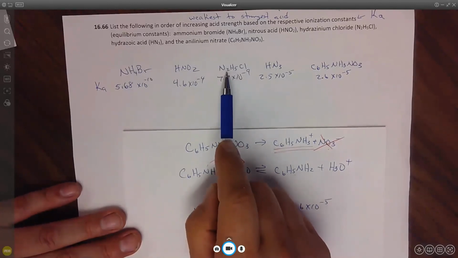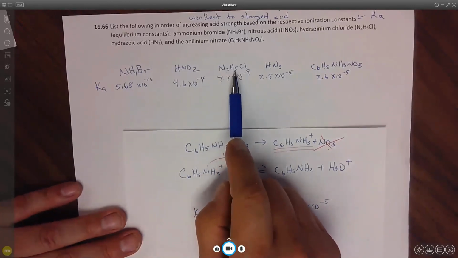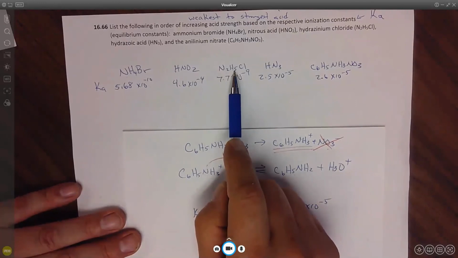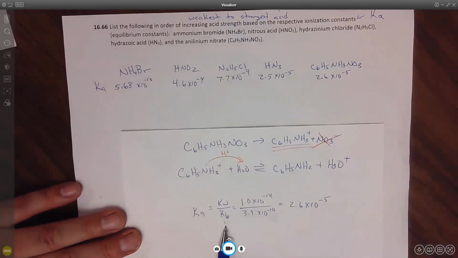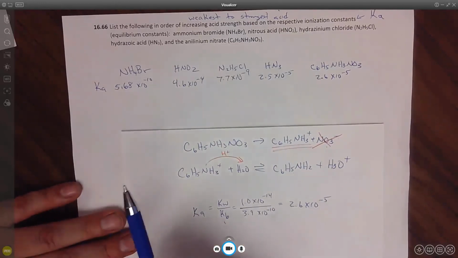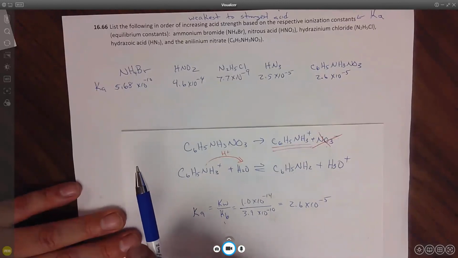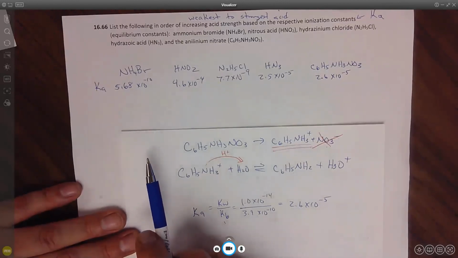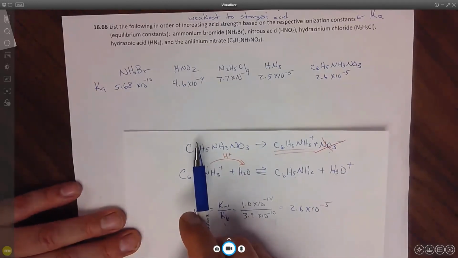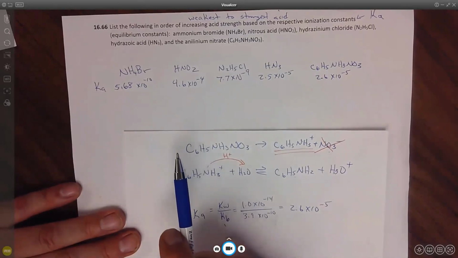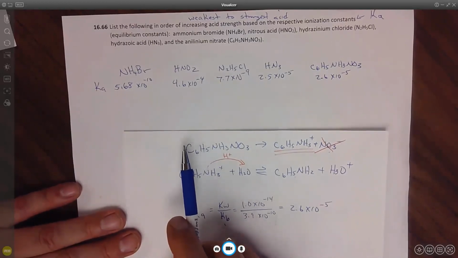So that's going to become N2H4. Now I just look up the Kb for N2H4 and take Kw divided by Kb to give me my Ka. So that should be the thought process, and that took all of 2 seconds. Okay, that comes with doing your homework.